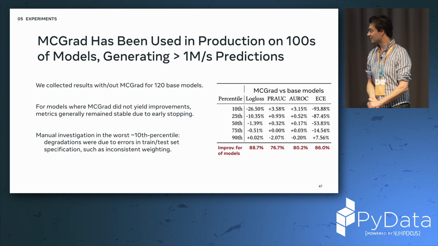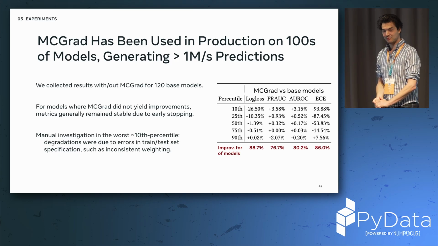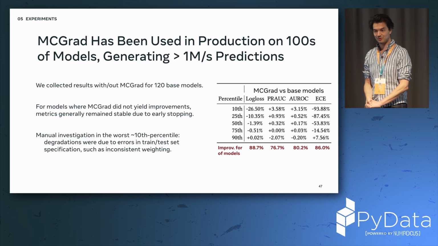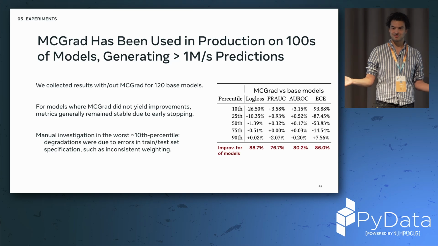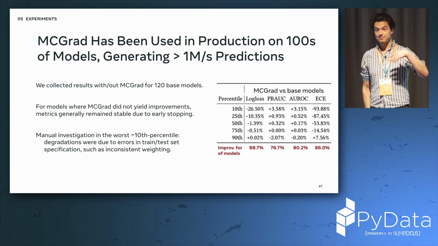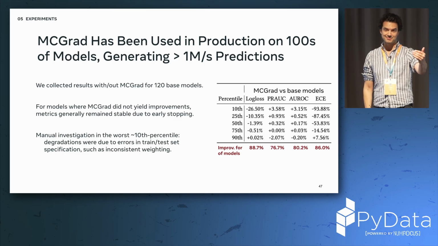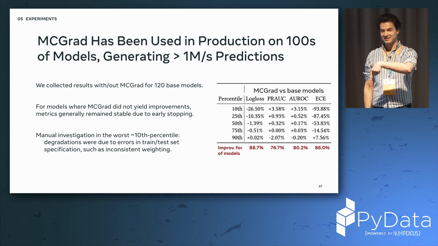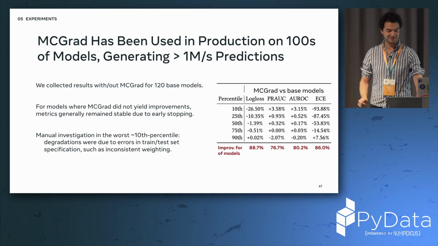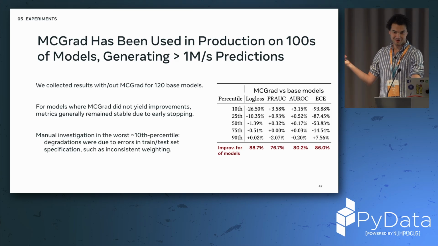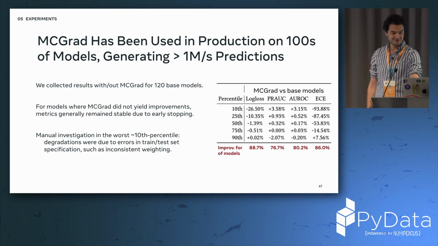What we actually saw is that those, basically without exceptions, were errors in how machine learning engineers set up the training job, where, for example, they applied weighting of their samples at training time, but they didn't apply the same weighting at test time. So you can't expect to get a reasonable evaluation out of such statistics.